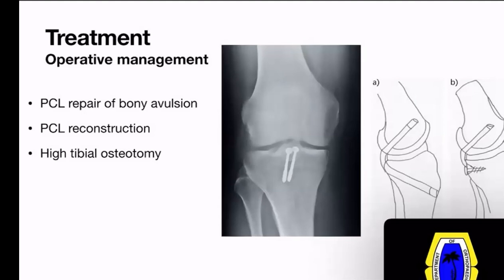Pero if you have knee dislocation, you must have injury to the cruciates and to the collateral. 2 cruciate plus 1 collateral, that's knee dislocation. So all knee dislocations are multiligamentous knee injury, but not all multiligamentous injury are knee dislocations.